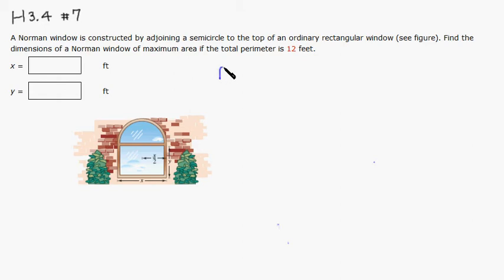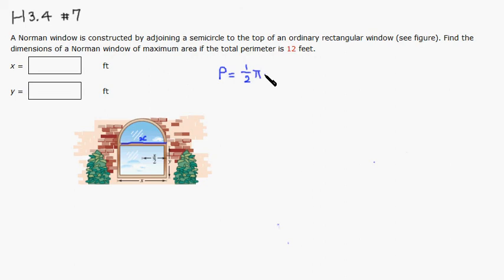So the perimeter is, alright, this is a semicircle, which is 1/2 of the circumference, so it's going to be 1/2 pi times diameter, and the diameter in this case is x.